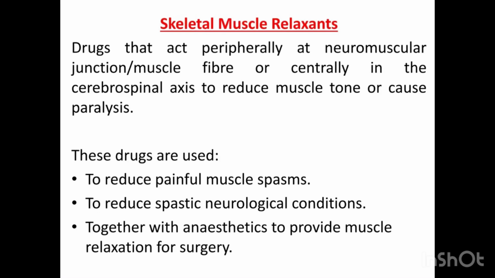So they can either act on the neuromuscular junction peripherally, or act centrally in the central nervous system, in order to reduce muscle tone, because if there's hypertonicity the muscles will be very stiff. So what the skeletal muscle relaxant helps you to do is to reduce the tone and paralysis, and also release contraction that causes stiffness or spasms.